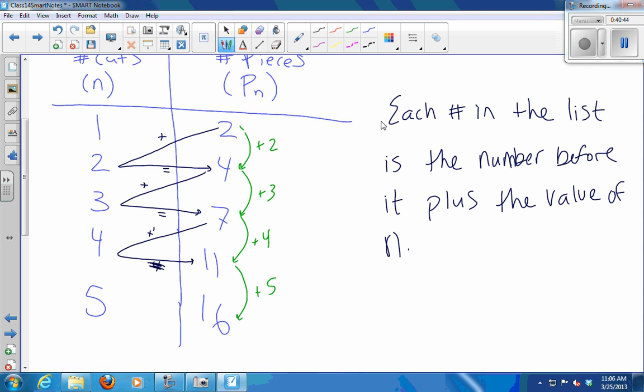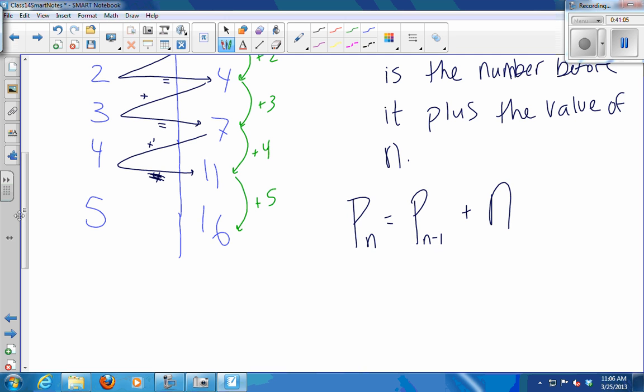So the number that I'm adding is the subscript. Okay, so if I want to write this in mathematical notation, I would say P sub n is the number before it in the list, P sub n minus 1, plus n. And then you can check recursive formulas the same as you can check explicit formulas. So let's say I want to find P5. I want to check that it gives me 16.